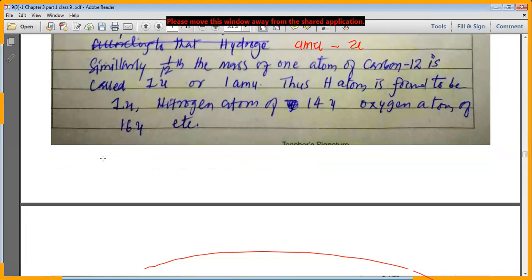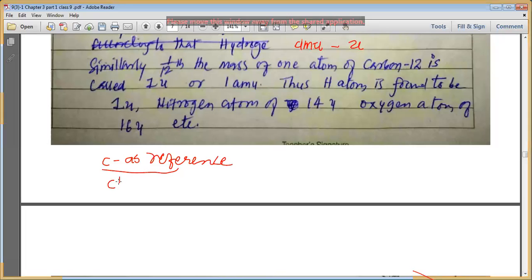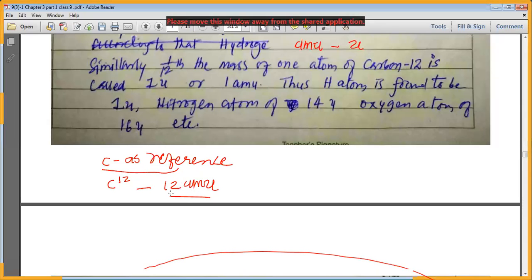What they have done, they have taken carbon as a reference. And they said that the mass of carbon C12 is 12 AMU. So the mass of carbon C12, the scientists have called 12 AMU.